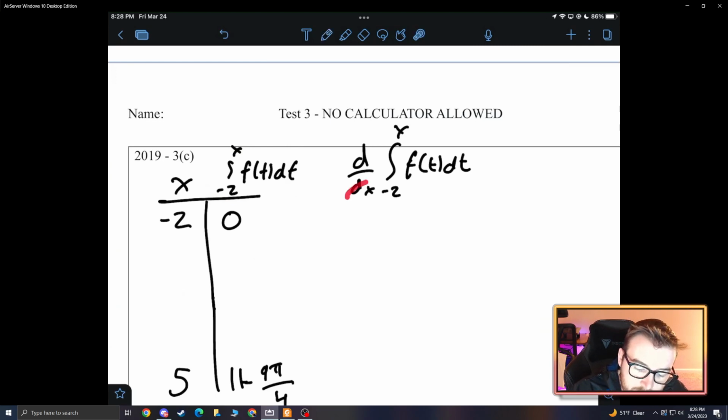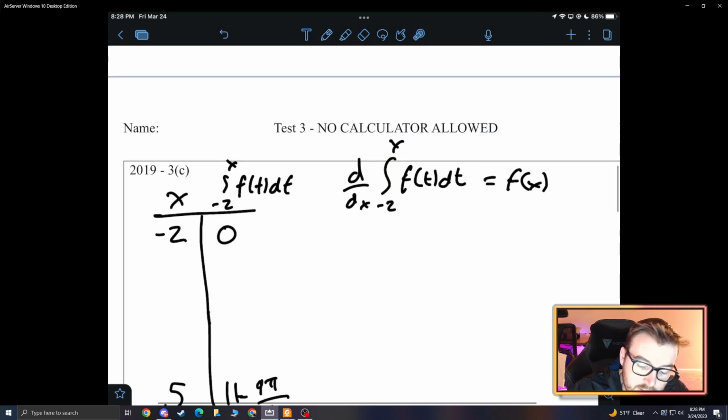Well, deriving the integral just cancels one another out, and the answer is f of x. The derivative of this integral is simply f of x. And this is g.